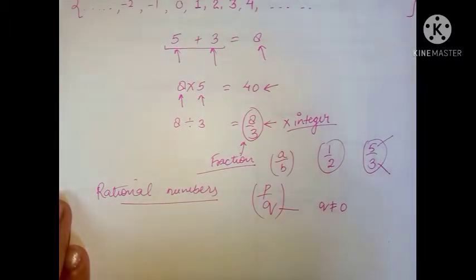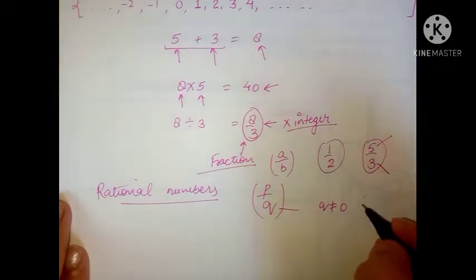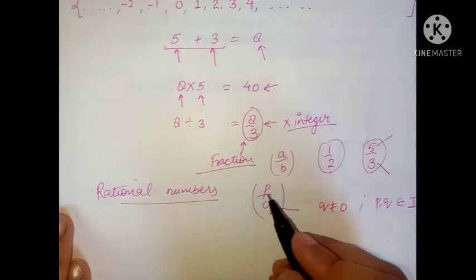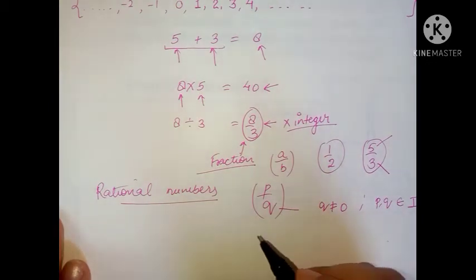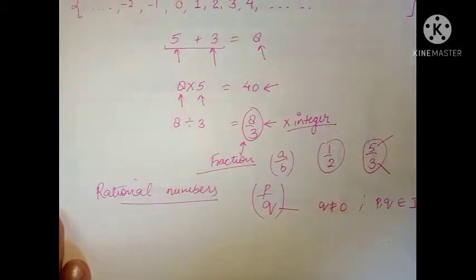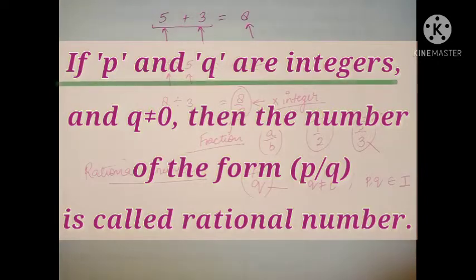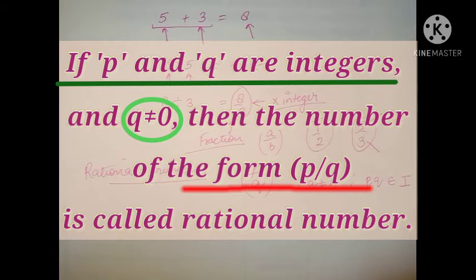And p and q are taken from the set of integers, so p can be -1, -2, or any number from the set of integers. So if p is an integer, q is an integer, and q is not equal to 0, then a number of the form p upon q is called a rational number.